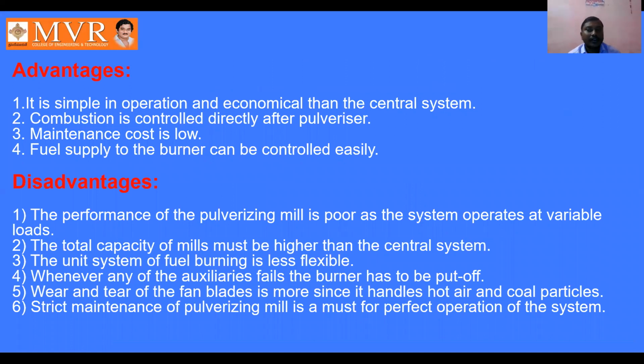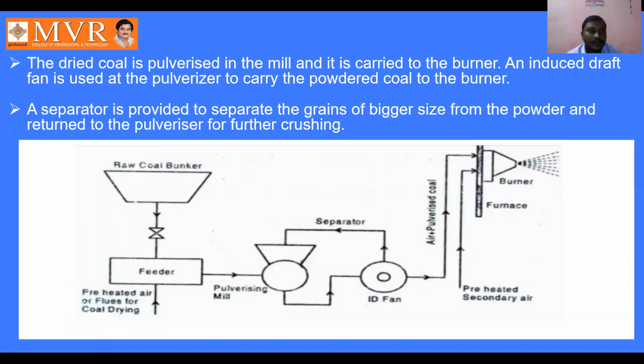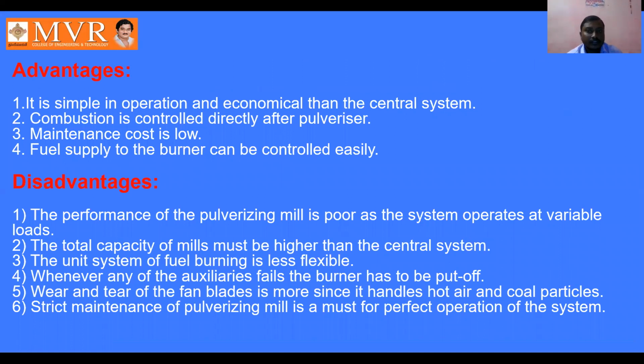Some of the advantages of this pulverized fuel burning system are of three types. It is simple in construction and more economical than the central system. In operation, compared with the central system, it is very simple.